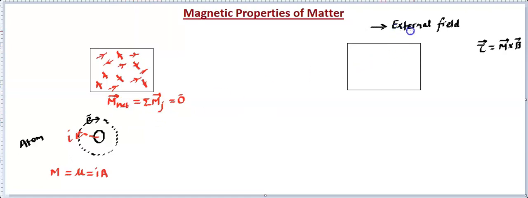So when we apply the external magnetic field, then you will find there will be a net magnetic dipole moment created, which will not be zero. That means this material will have its own magnetic field because of this dipole moment.